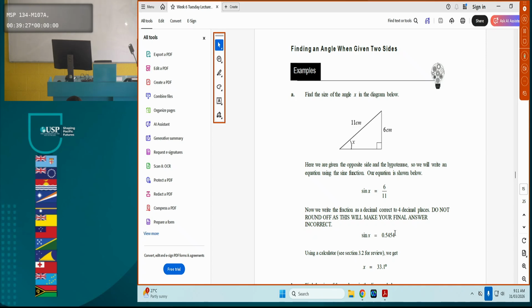Now the other option you can do is this. 6/11, you don't need to divide this to give you decimal. You can just do this: x equals sine inverse bracket 6 divided by 11. Do this in your calculator. Sine inverse bracket 6/11.